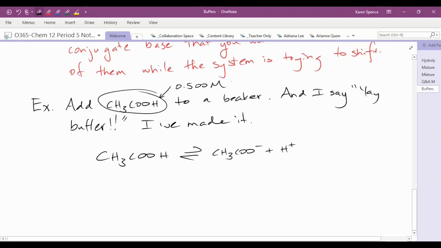Well, if I have 0.5 molar CH3COOH, what is the concentration of acetate?